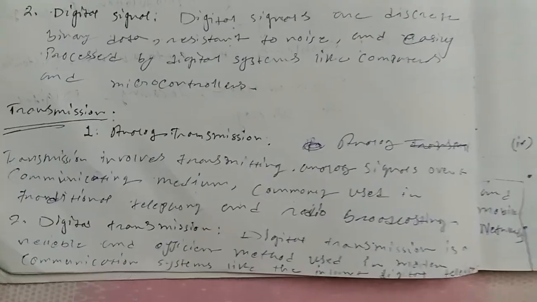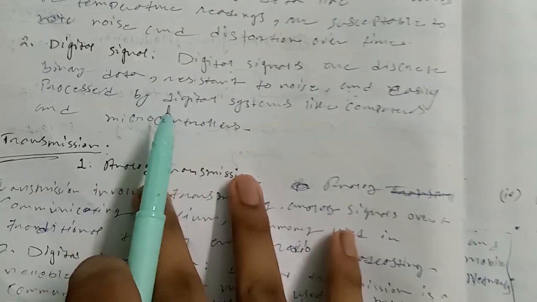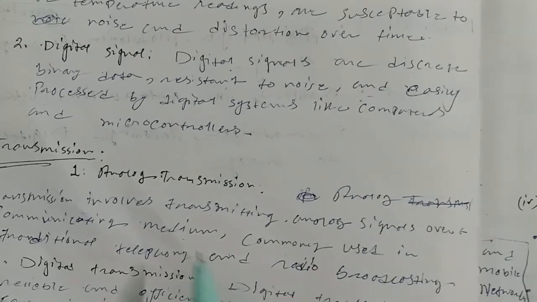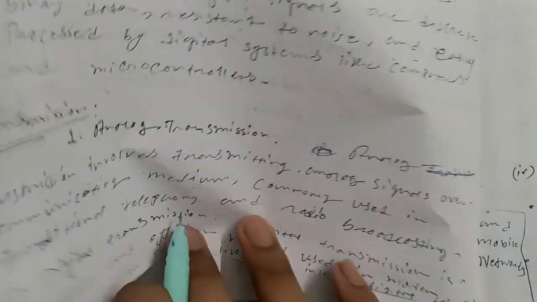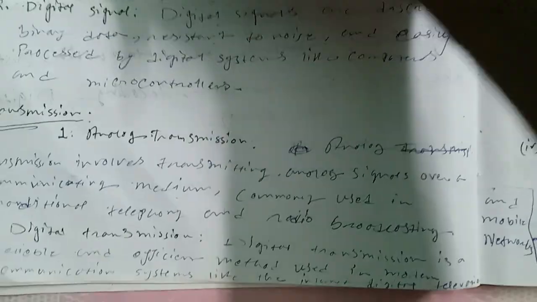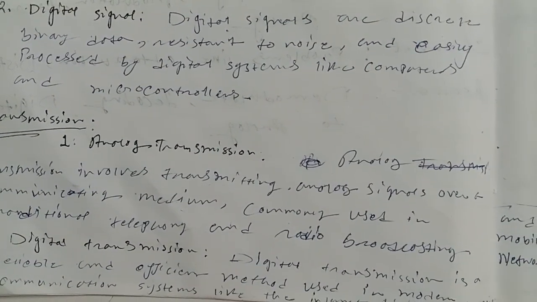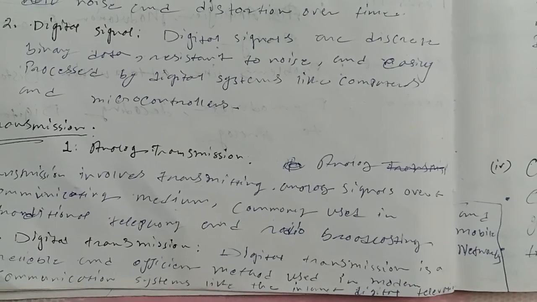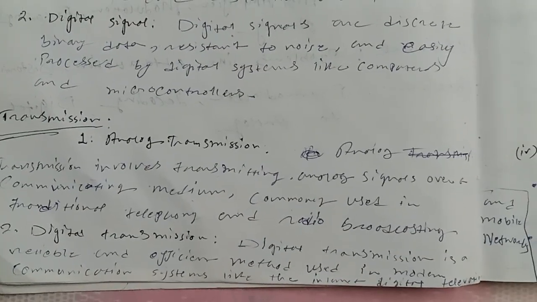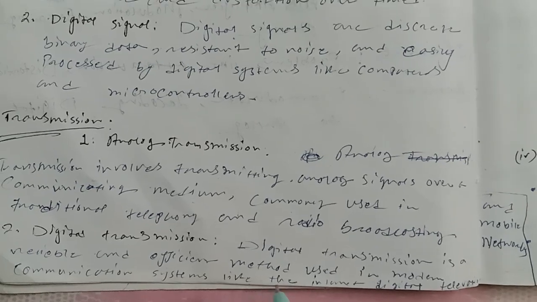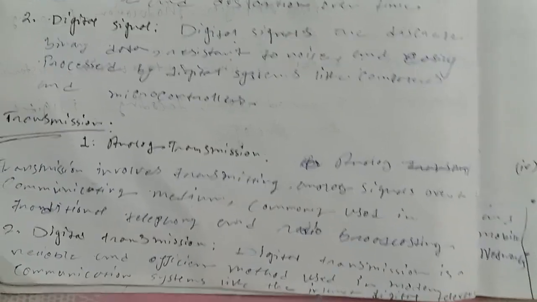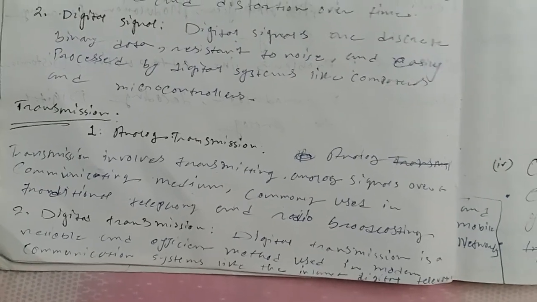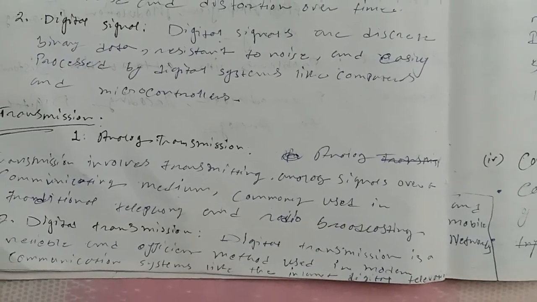Actually, there was a mistake. In analog transmission, examples like telephones and radio broadcasting use only analog signals. In modern communication systems like the internet and digital televisions, we can see digital transmission or digital signals are used, because it's a more reliable and more efficient method.